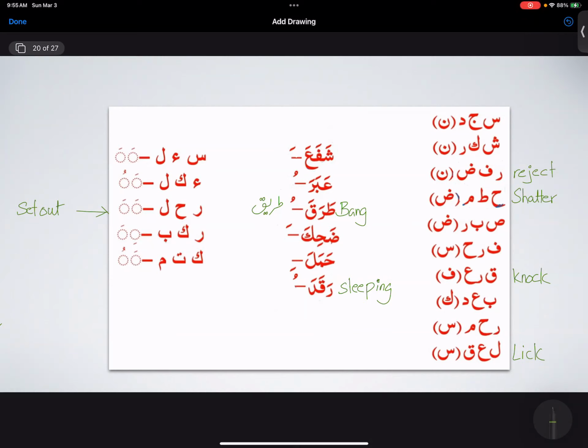Sajdatan. Nasara, sajada, yasjudu, sajdatan fahuwa sajidun, right? Sujida yusjadu sajdatan fahuwa masjudun, right?